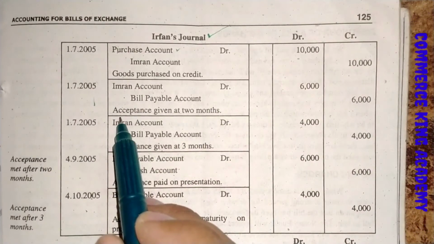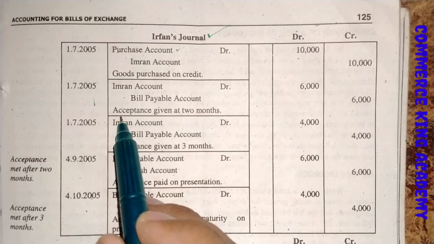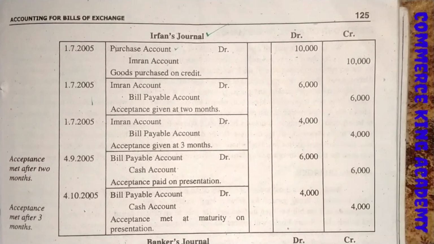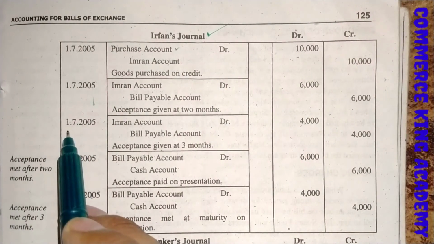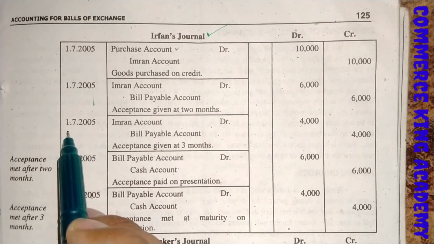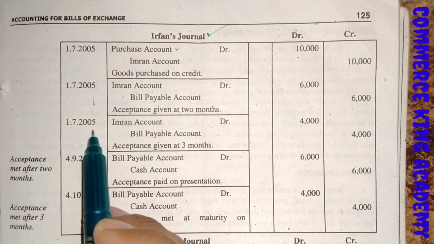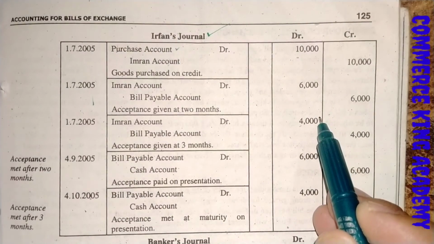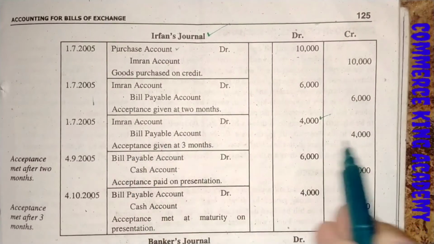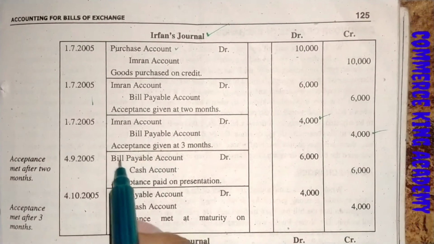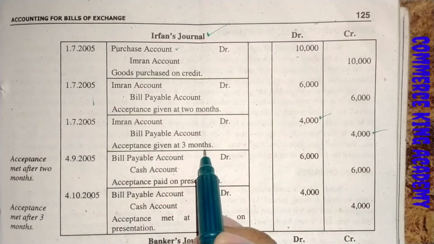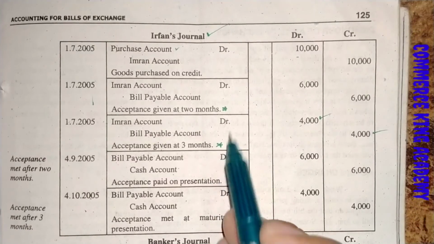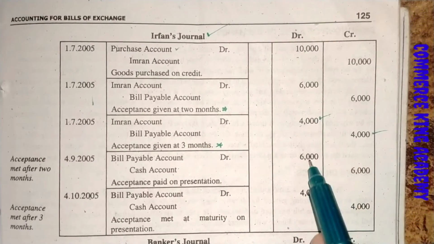With details or description about the first bill acceptance given at 2 months, which was 6,000 rupees. And the second bill acceptance by Mr. Irfan on 1st July 2005: Mr. Imran account debit, same as above but with a little difference of amount, 4,000, to bills payable account credit 4,000. Acceptance given at 3 months. The variation is two in both entries. The first one is duration, the second one is amounts.